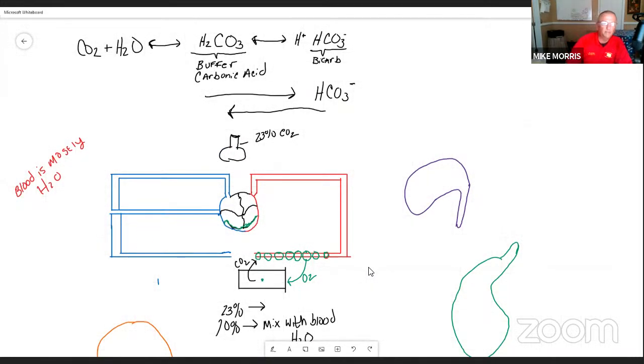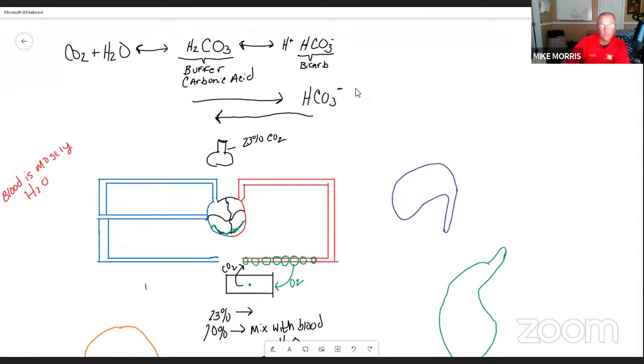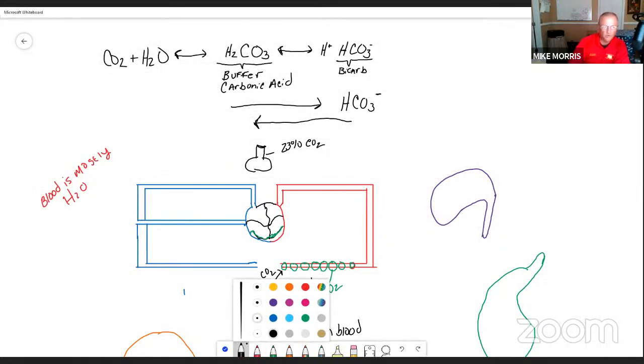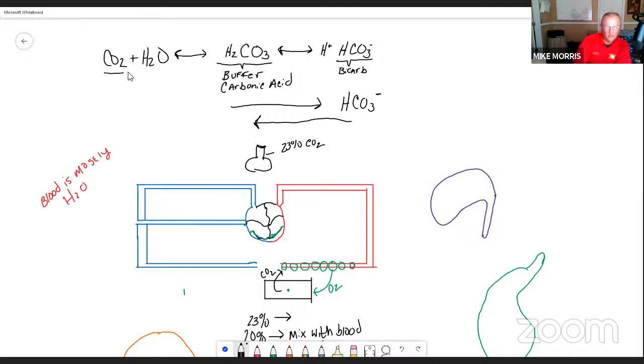All right, so if we look back up here now, we can represent that CO2 plus H2O. Now, let me slide this over a little bit. Now, what we like to say here is that this kind of represents the respiratory side of things, because this kind of represents that 23% that's going to be exhaled through the lungs.